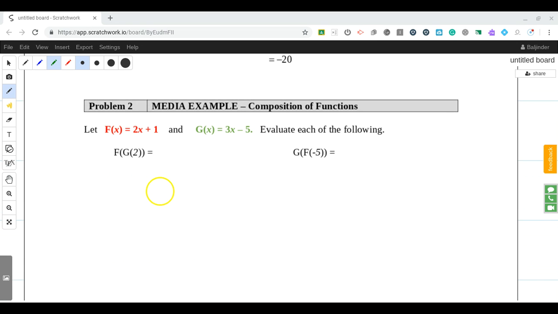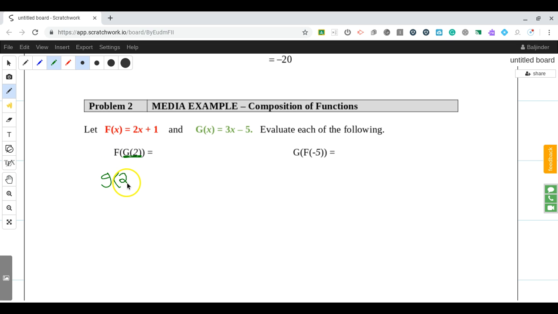All right, so let's take a look at this first example over here where you're looking for f of g of 2. Now first we're going to work with the g function. You work from inside to outside. So technically, if you just focus on g of 2, that you know how to do, right? I'm going to use a lowercase g just because I don't have a mouse and I'm using a touchpad.